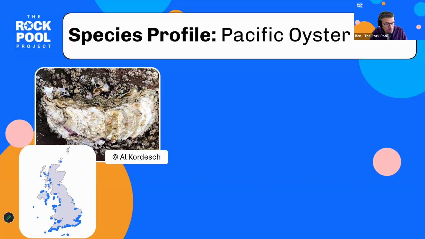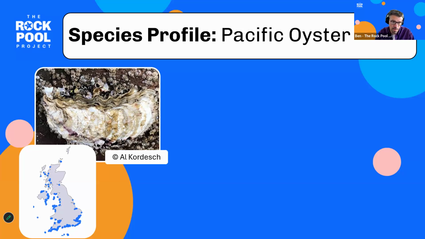And apparently it was initially presumed that the temperatures in this country would be too cold for Pacific oysters to successfully spread and settle and spawn. But that was a load of rubbish, basically, because they're absolutely everywhere now. The first record was found in 1965.